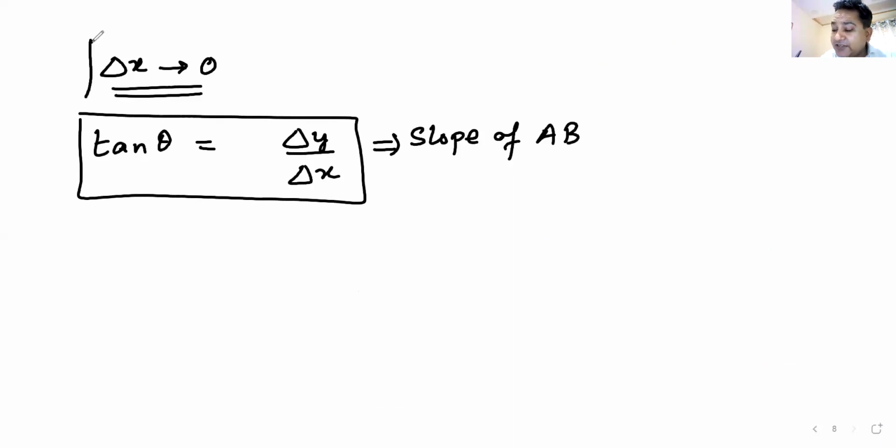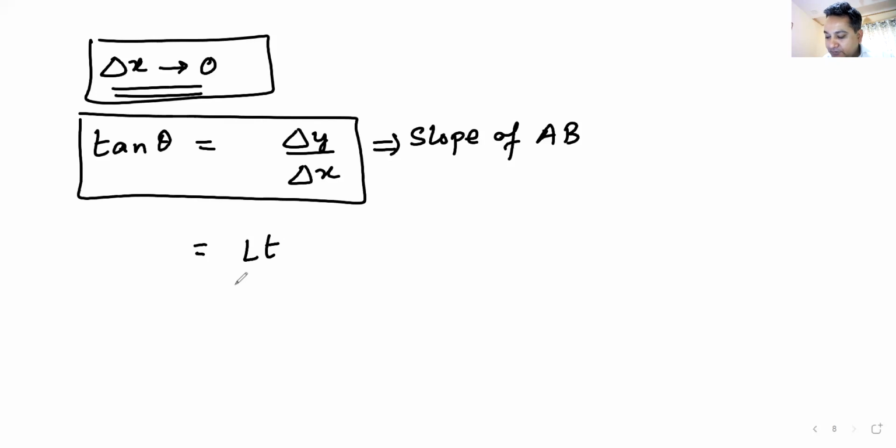Now, if delta x tends towards 0, I will write it like this. Limit delta x tending to 0, delta y by delta x. Now use some common sense.